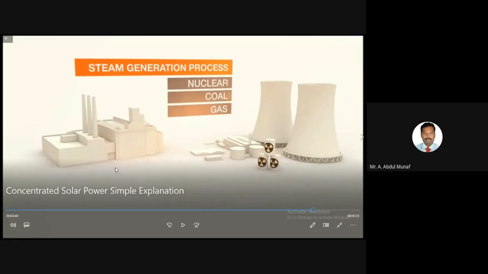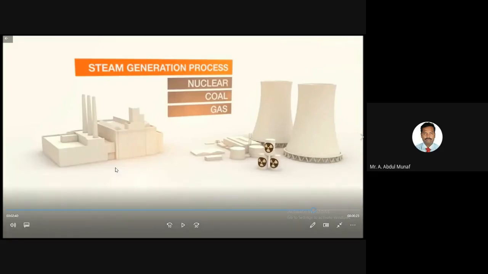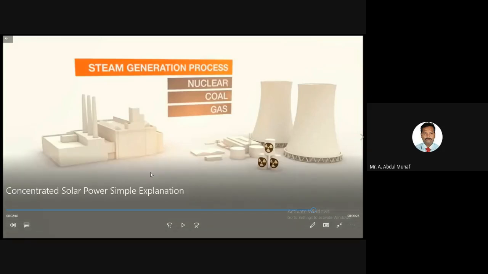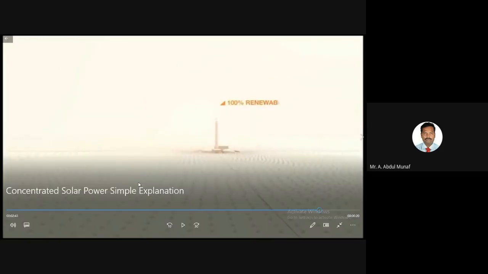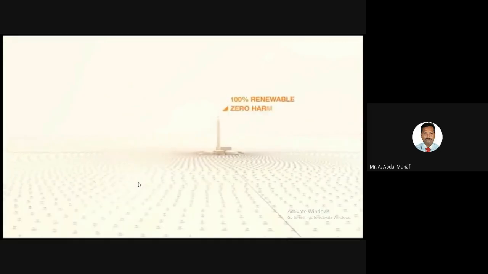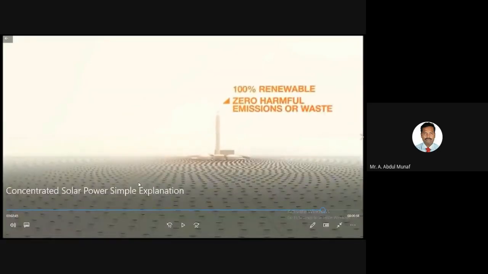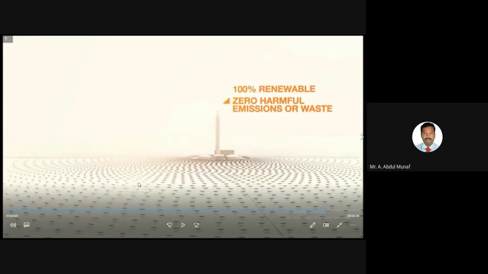We are not having pollution; it is 100% pollution free. It is 100% renewable, with zero harmful emission or waste. By using this solar power, we can produce electricity that is 100% renewable with zero harmful emission or waste.